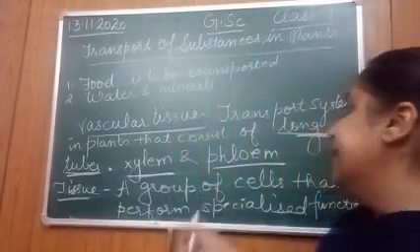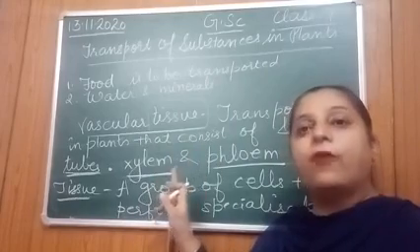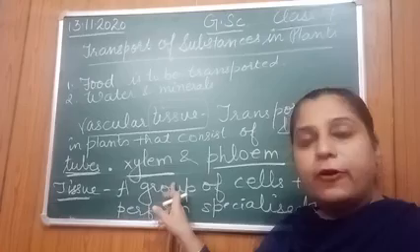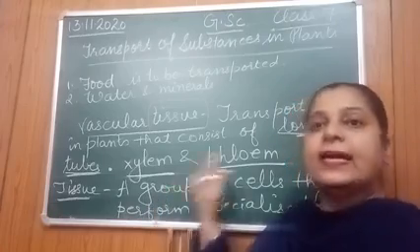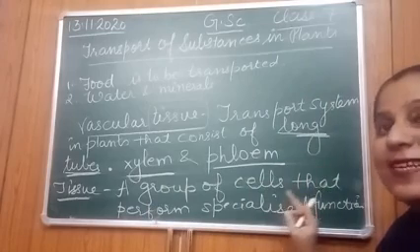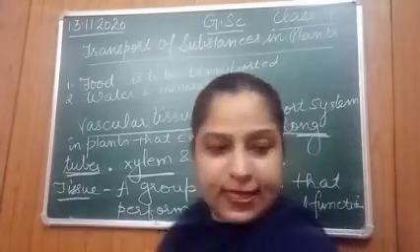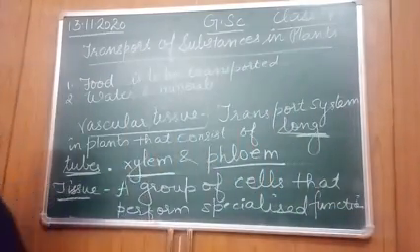They are called xylem and phloem. Xylem transports the water and minerals from the roots to all parts of the plant, and phloem transports food that is synthesized in the leaves to all the parts of the plant. Let us discuss further.